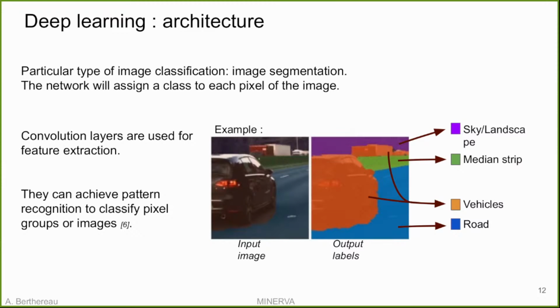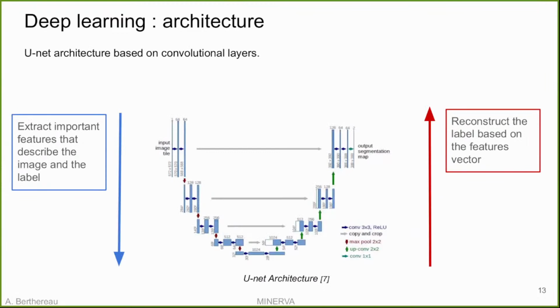For this purpose, we are using convolution layers because it's a great tool for feature extraction. Convolution can achieve pattern recognition to classify the pixel groups. The architecture that we are using is the U-Net. If I correctly remember, someone already presented this architecture. It's called that way because it has the shape of a U. You have a down stack part and an up stack part.